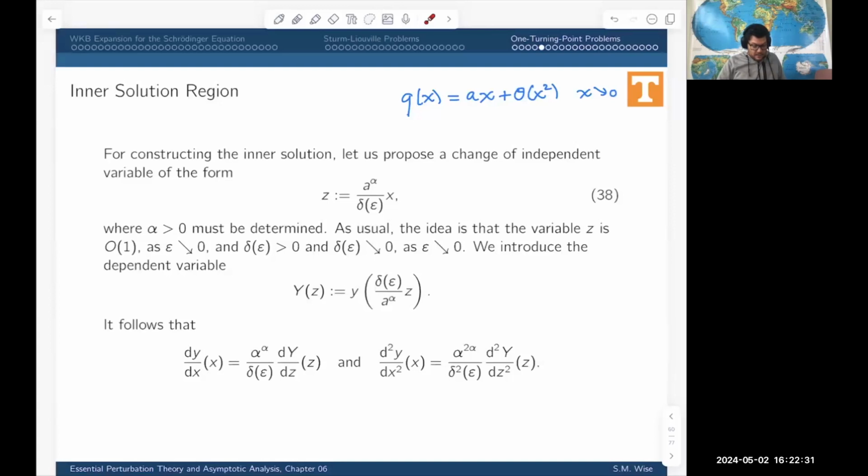So when you do that, dy/dx transforms into, this is a typo here, that should just be a. So a to the alpha over delta and a to the 2 alpha over delta squared, respectively, multiplying the ordinary derivative of capital Y with respect to z and the second derivative of Y with respect to z. So those are how the derivatives transform.